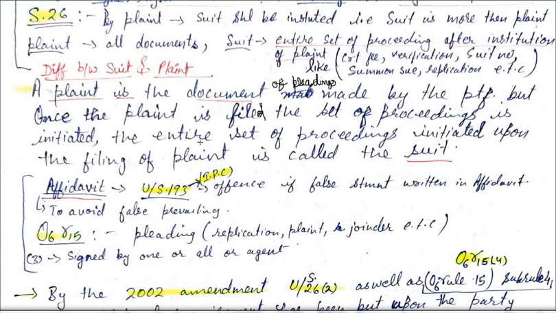अब the question before the Supreme Court in the Salem Advocate was as to if you are already asking for verification, then why is there an additional duty to file an affidavit?